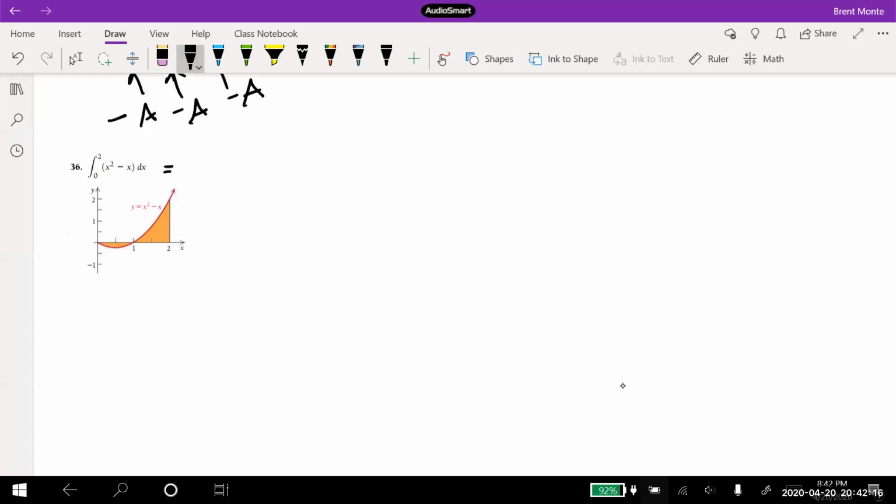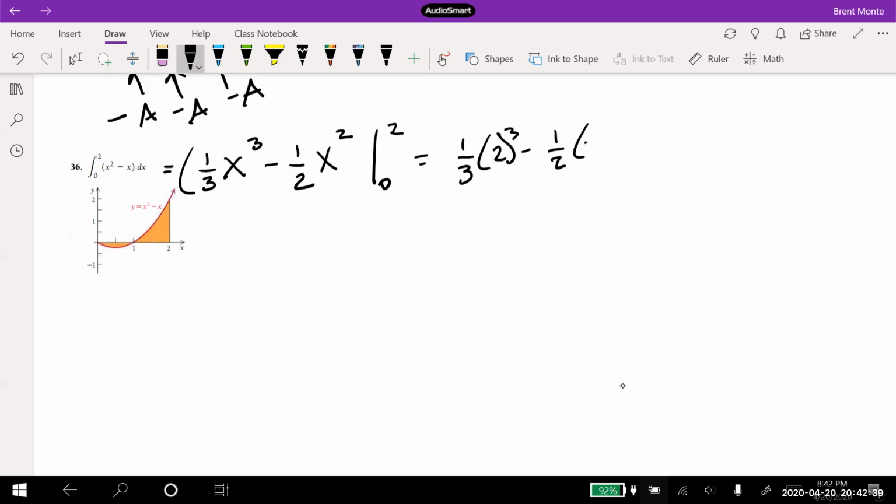So let's see. We know that x squared, go up 1 on the exponent, multiply by the reciprocal. Go up 1 on the exponent, multiply by the reciprocal. And then we're evaluating from 0 to 2. All right, remember what that means. Plug in the 2 for the x. And then minus, and then plug in the bottom number, 0 in this case.